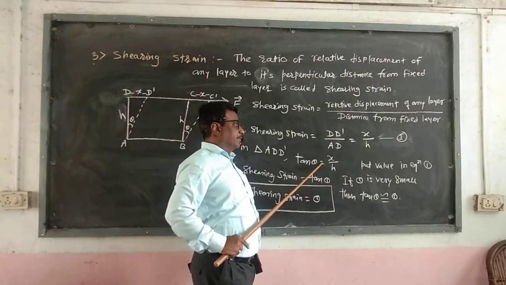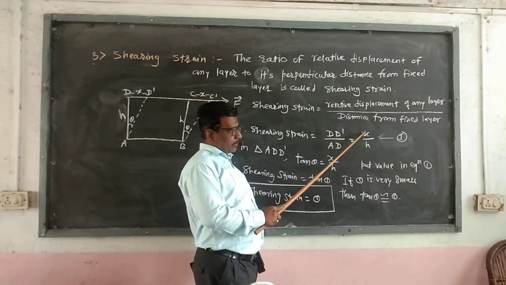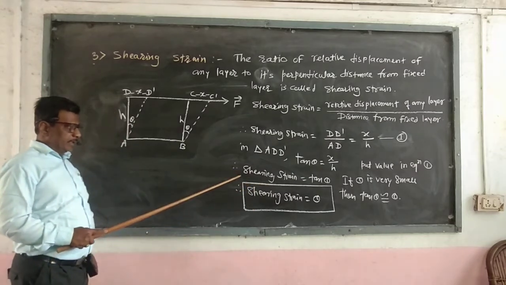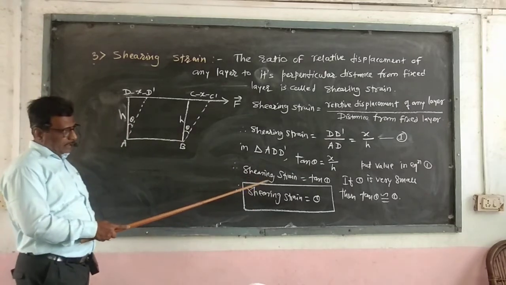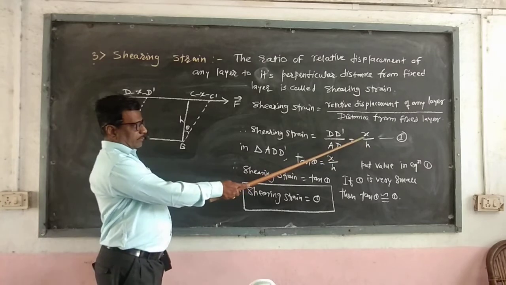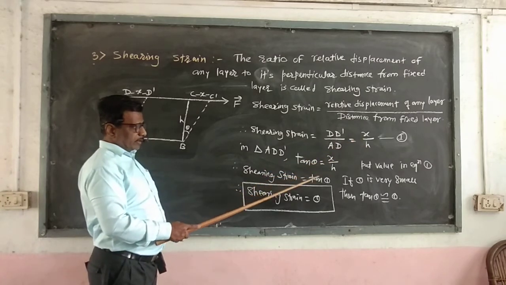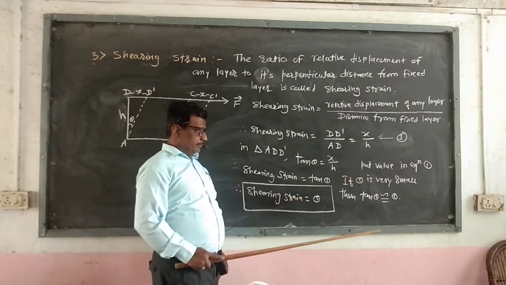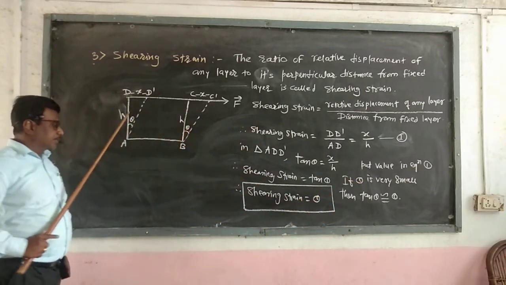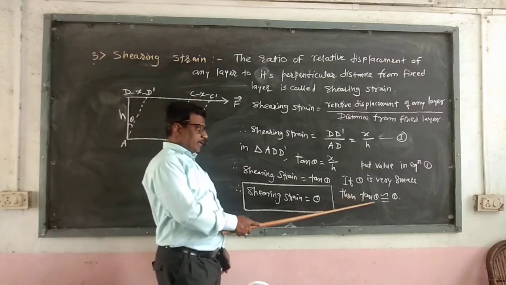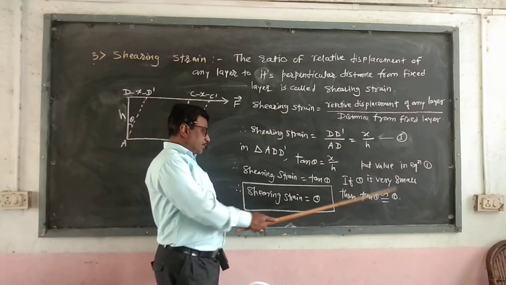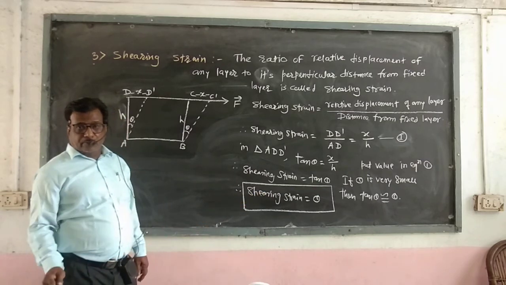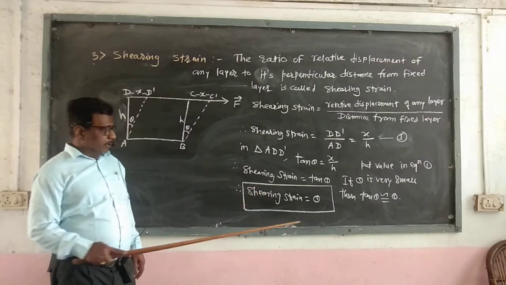Substitute this value in equation number 1. We get shearing strain is equal to X by H, which is tan theta. If the angle theta is very small, then tan theta is nearly equal to theta. So we get the formula for shearing strain is equal to theta.